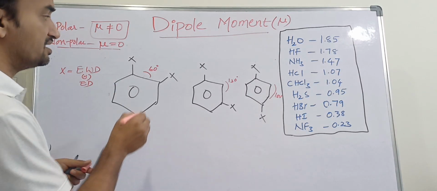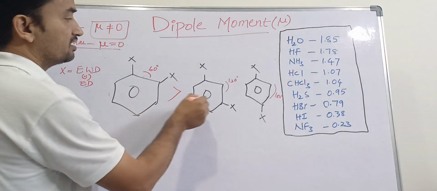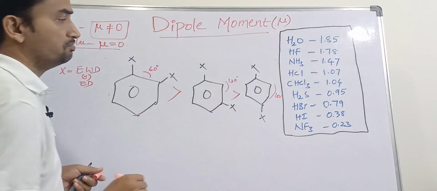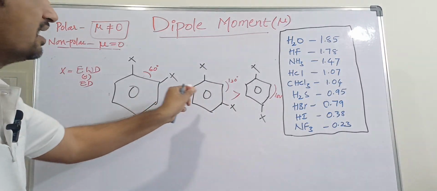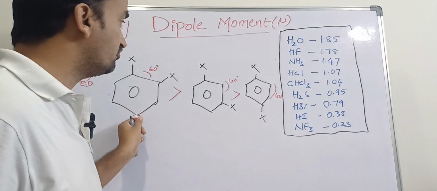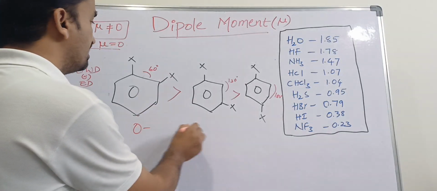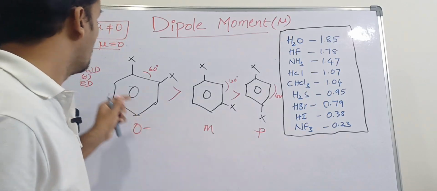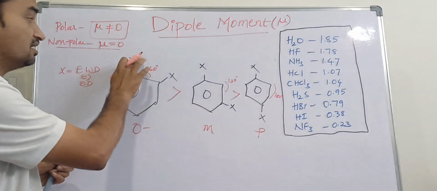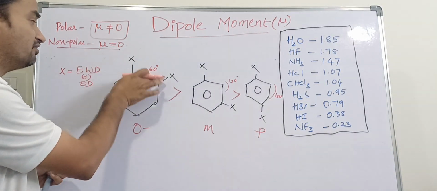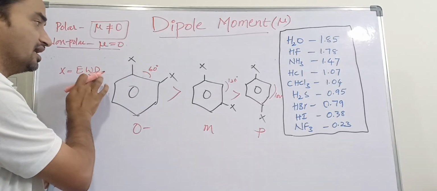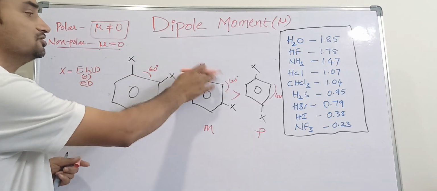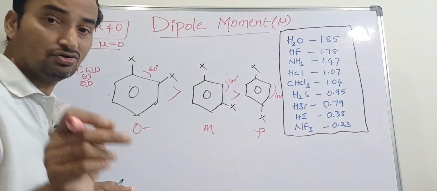In this case, ortho greater than meta greater than para. That means the dipole moment of ortho is greater than meta followed by para, where the two groups are either both electron withdrawing or both electron donating type.